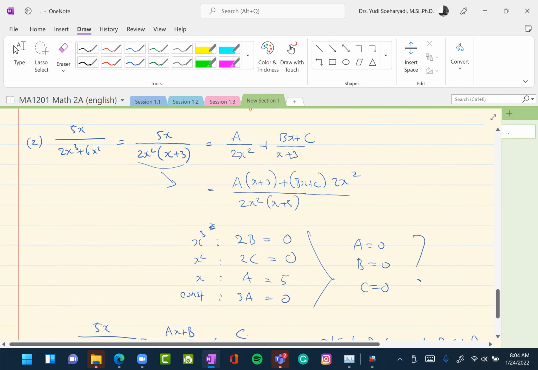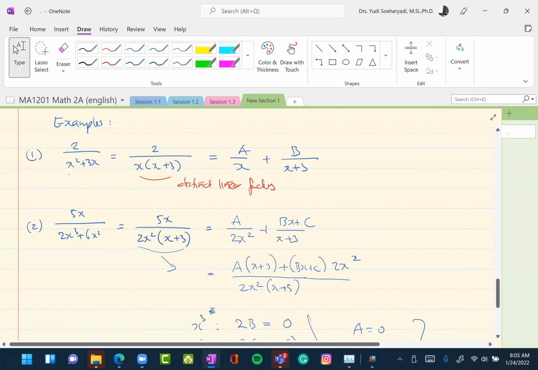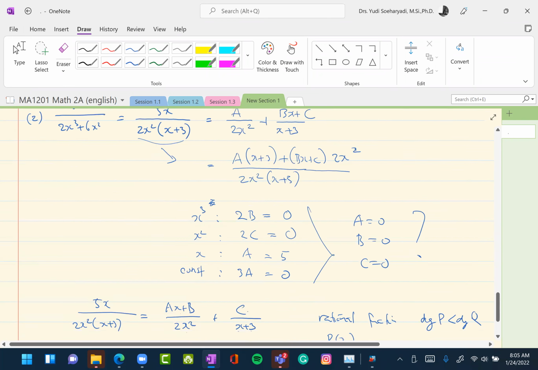Okay, and that explains why this doesn't work. Because here you have a square, but you put a constant there. Here you have degree 1, but you have degree 1 also on the top. That tells you why it doesn't work in this case.